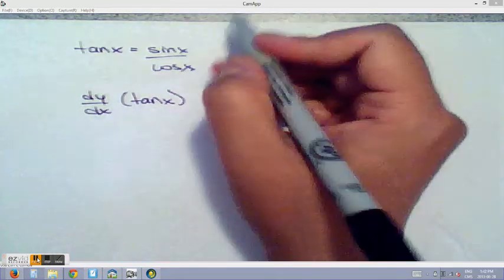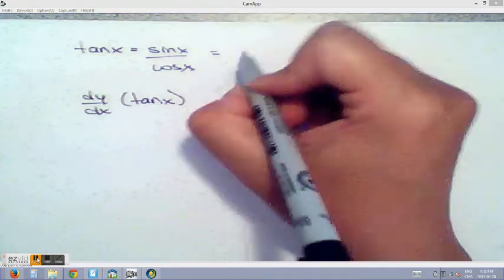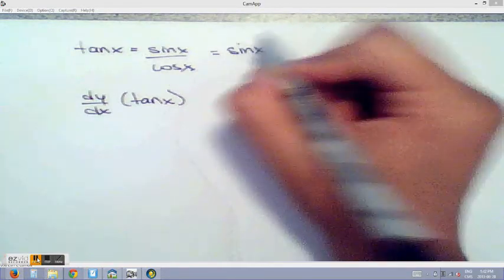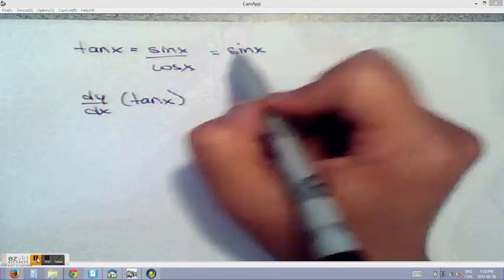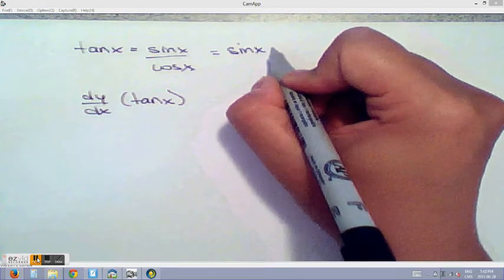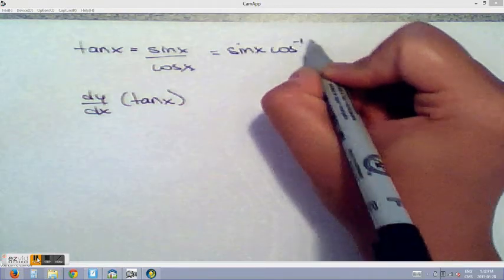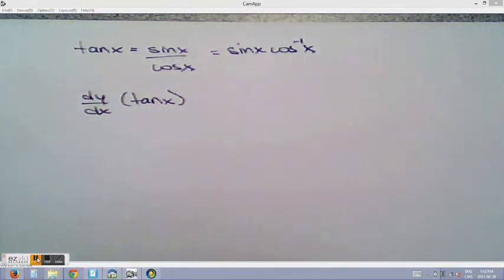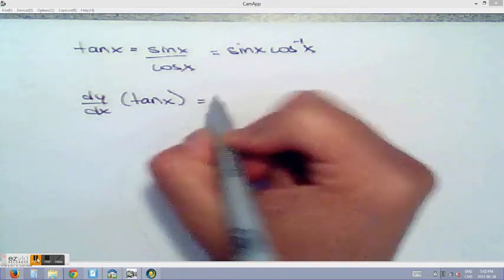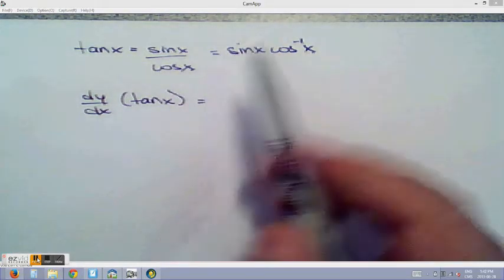I just want to quickly change this over to sine of x times cosine to the negative 1 of x. You can also use the quotient rule as well; the quotient rule would also work. It's equal to, so we're going to use the product rule and chain rule.